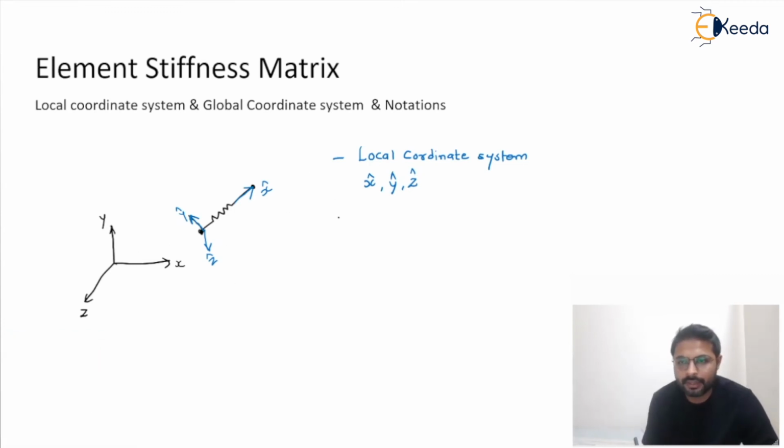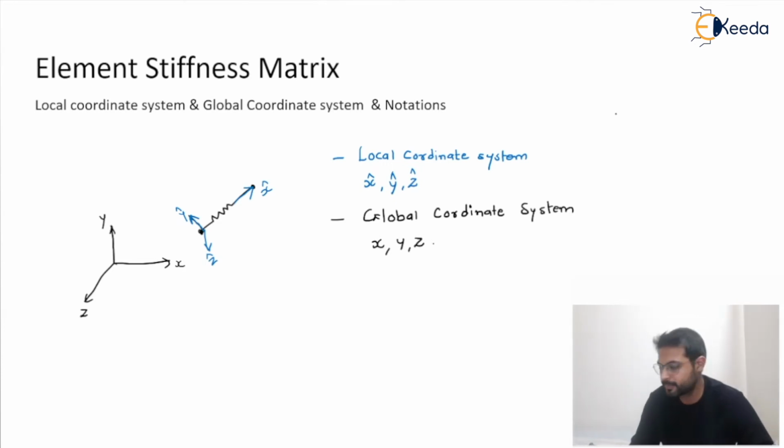And black color indicates the global coordinate system, which is indicated by small x, y, and z. So this is how the global coordinate system and the local coordinate system differ from each other.